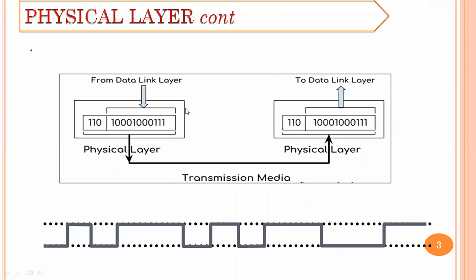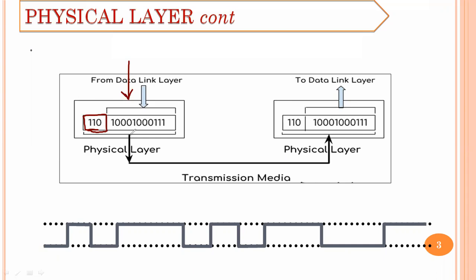This is the structure of the physical layer. The data will come from the data link layer, and this line shows the header of the data. It will contain the source address, the destination address, the error detection code, and what the data is related to.